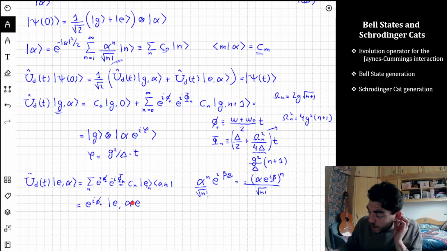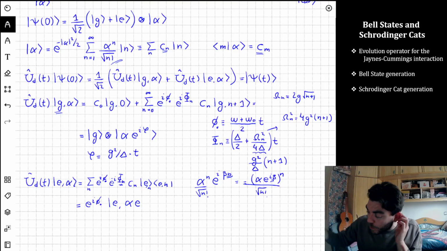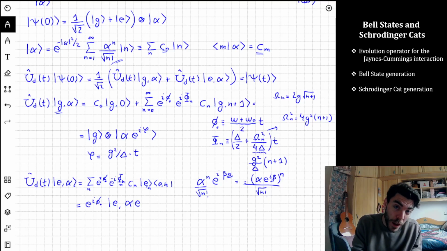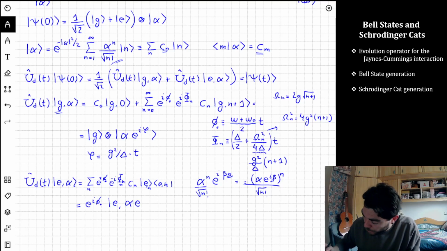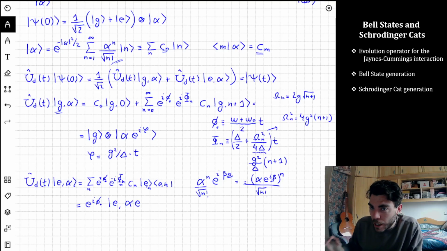This coherent state, by the way, has exactly the same number of photons, which is the modulus of alpha e to the I, which is the modulus of alpha squared, the same number of photons at the beginning and at the end, which makes sense because the atom again is not talking with the light, it's just giving a phase shift. This phase shift is due to what are called virtual processes, but we will see about them in the dispersive regime.